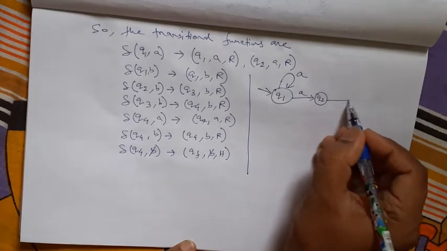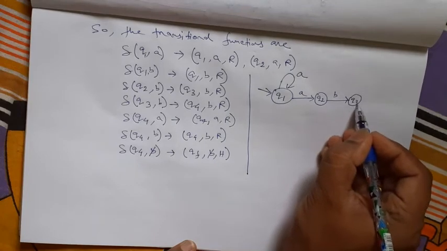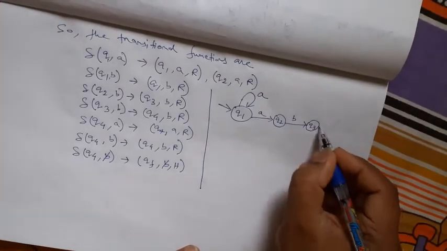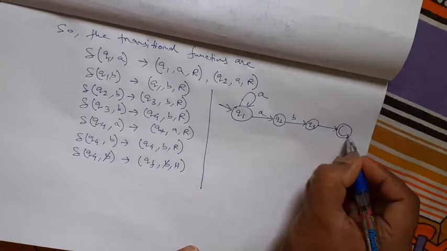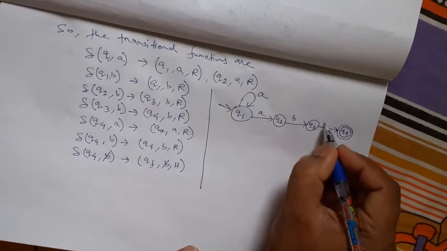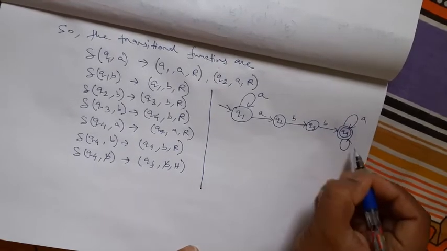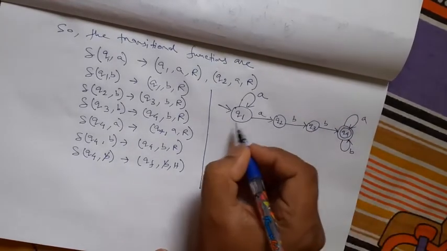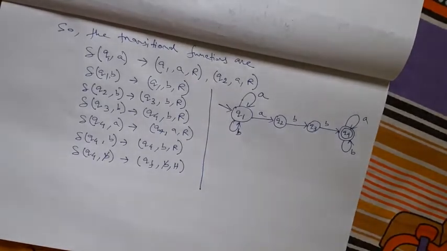Then by reading b, it can go to q3, then to q4, and in q4 there may be a comma b, because there is (a,b) star. Here also a comma b.